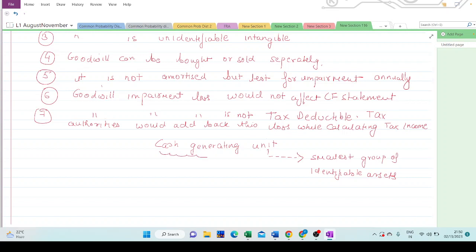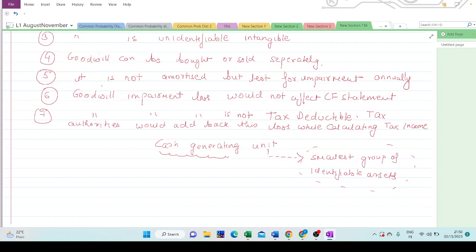And cash generating basically means that this group of identifiable assets should be able to generate cash independently of other assets.